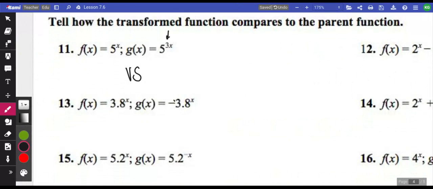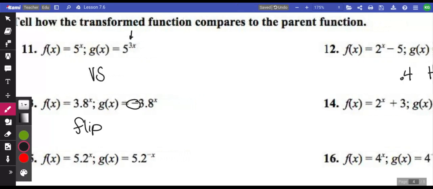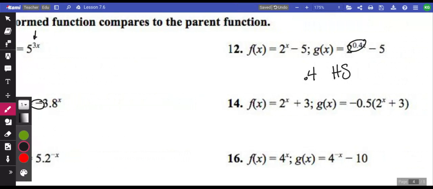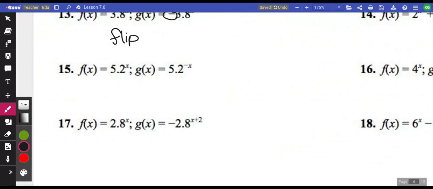On this one, the change was that a negative sign was out front, so that would be a flip. On this one, they added a negative and a horizontal stretch. On the next one, they put a negative in the exponent. So here's where we have our reflect one.